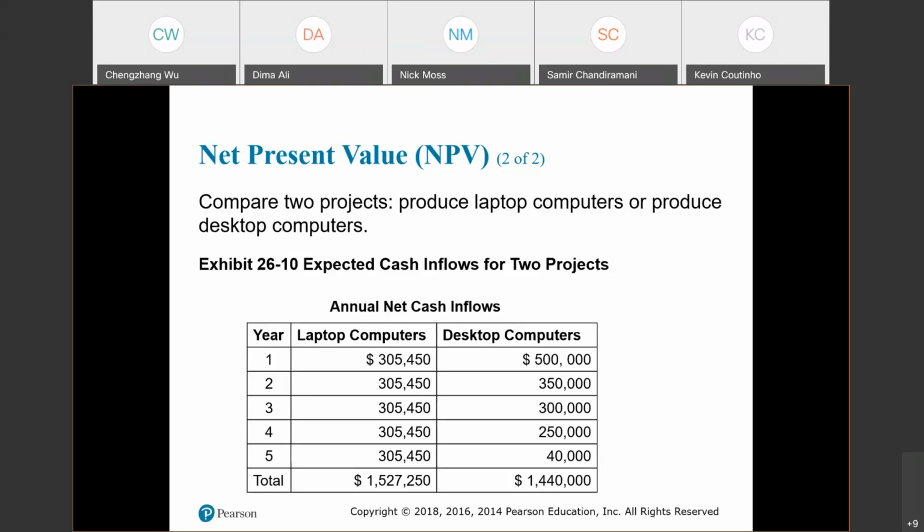But we need to consider the time value of money to see if the cash inflow coming in sooner is more beneficial.